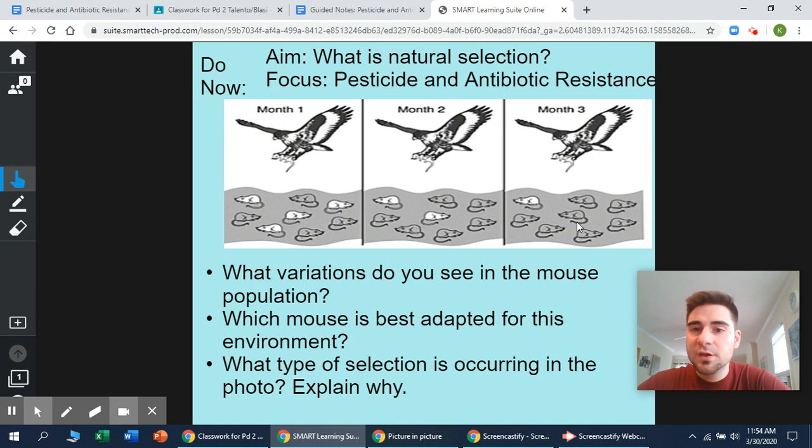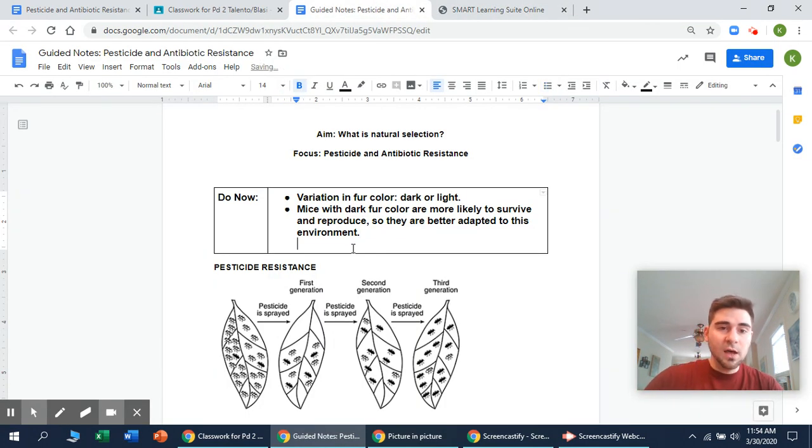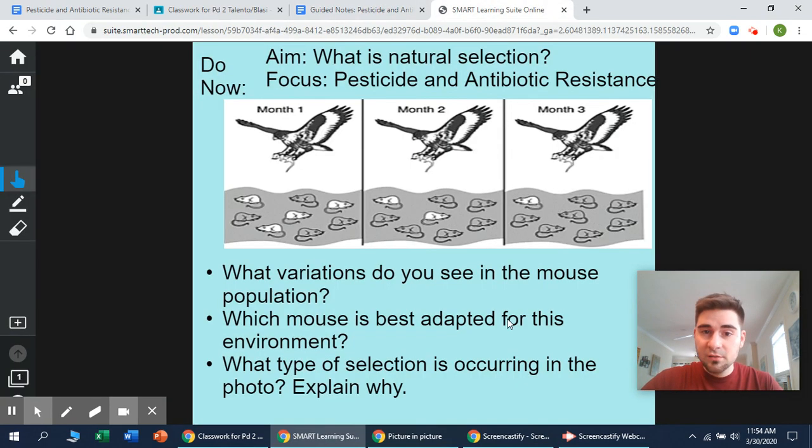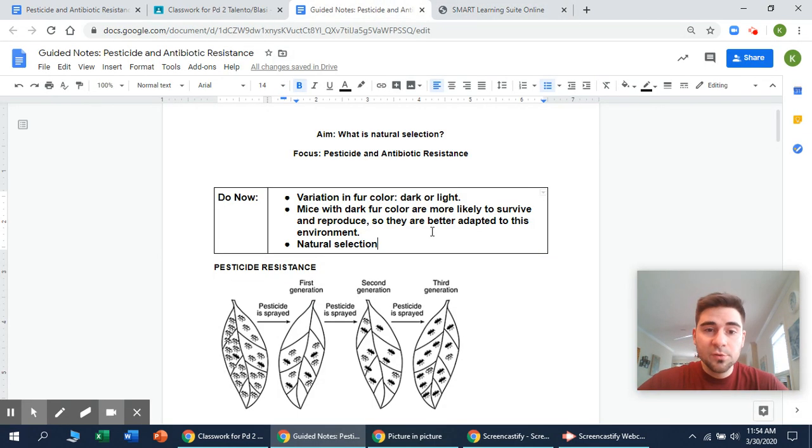And the last month here, only one of them has the light colored fur and the rest have dark colored fur. So the type of selection that's occurring here, what should come to mind is natural selection, right? Naturally, the mice that were selected are the ones with dark fur, because that variation made it so in this environment, they're more likely to survive and reproduce.